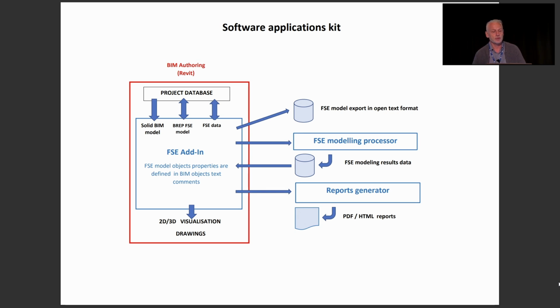They work with the project database, work with solid BIM objects such as floors, walls, ceilings, doors, openings and others, and produce the simplified objects with boundary representation that are suitable for future fire safety engineering calculations.